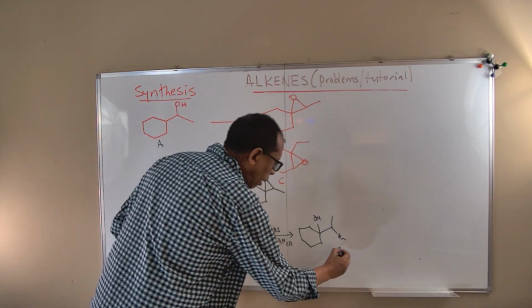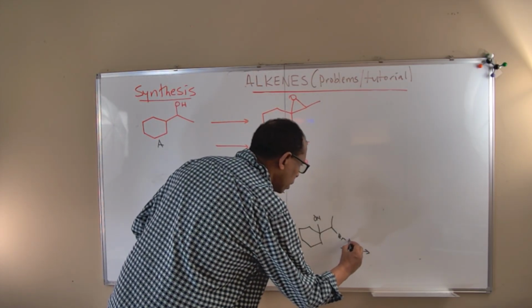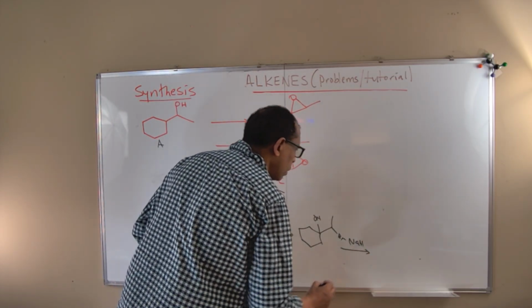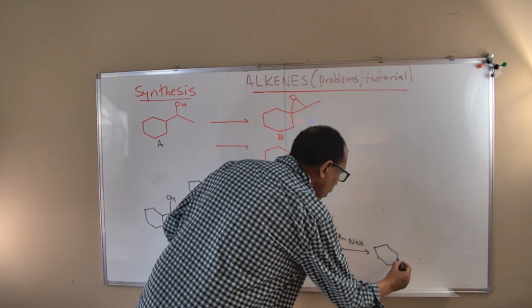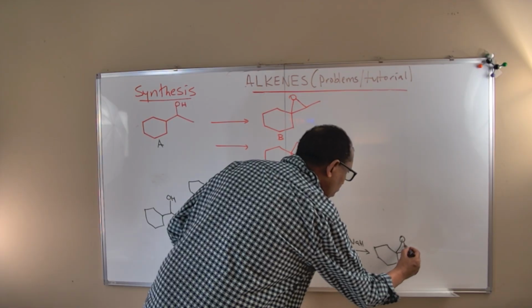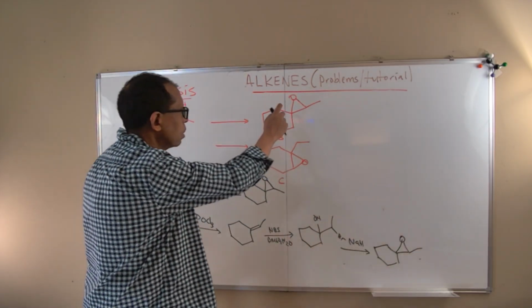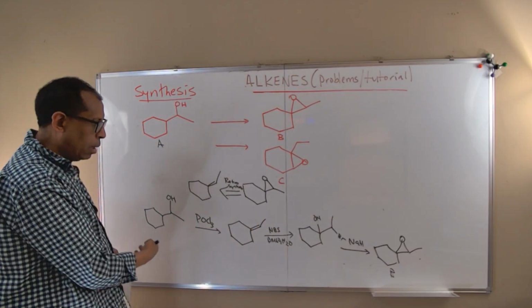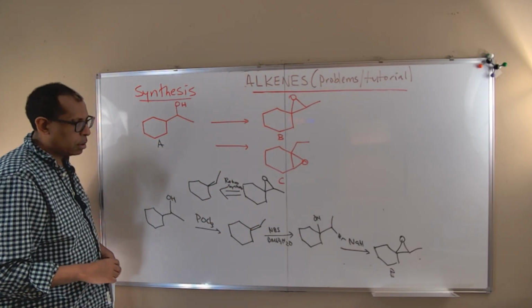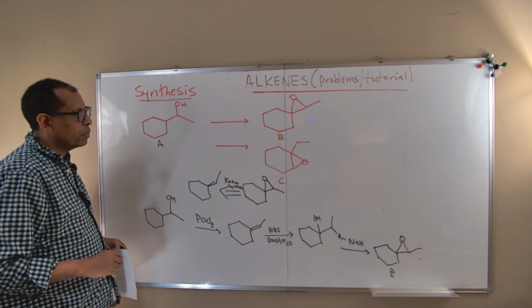Now, if you just apply Williamson ether synthesis, sodium hydride, you could close that epoxide and form this, which is compound B. That's done. So that is the forward synthesis for compound B.